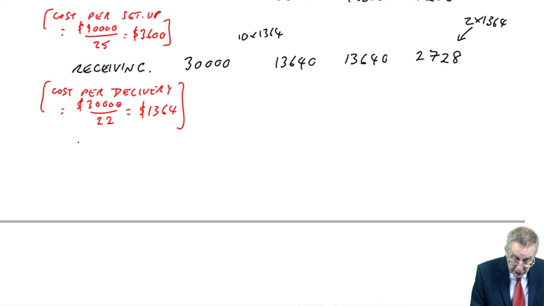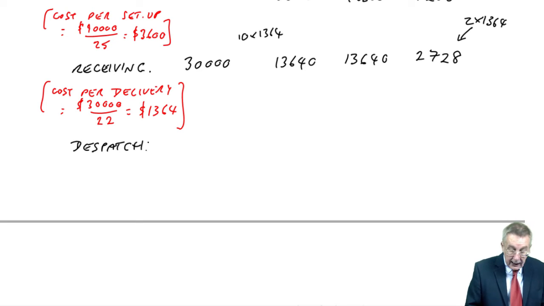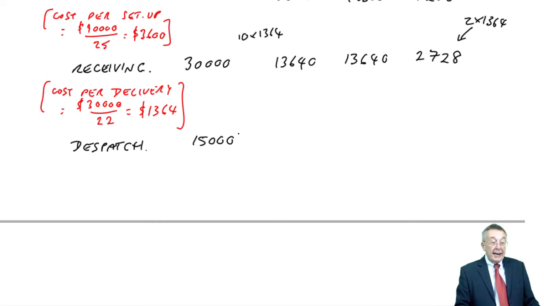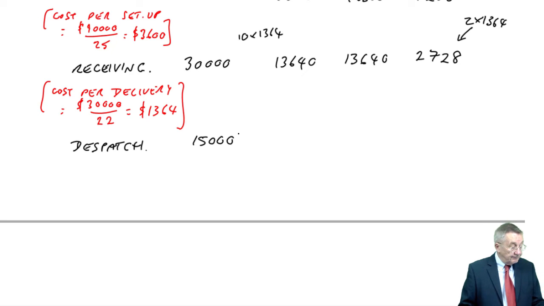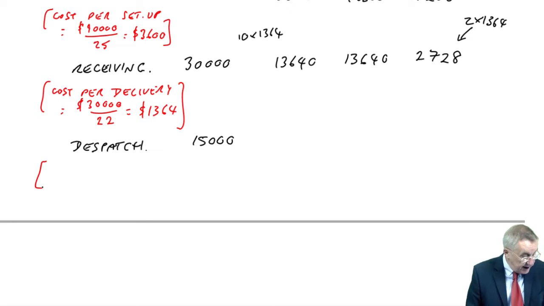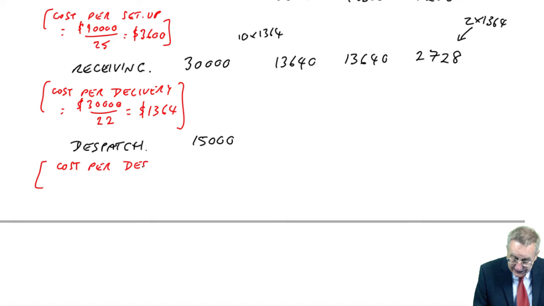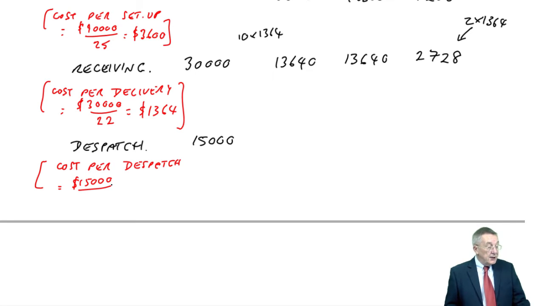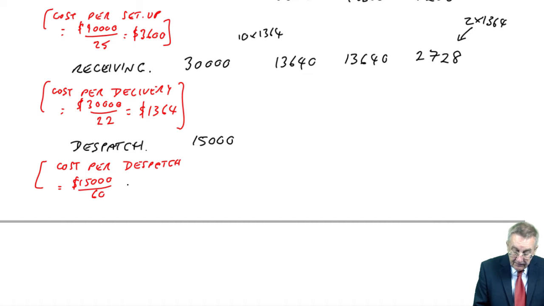The next one, dispatch. Total 15,000. And again, looking at the information, the obvious way of charging that would be based on the number of orders dispatched. So the cost per dispatch, 15,000 divided by the total number of dispatches, 20, 20, 20, 60.